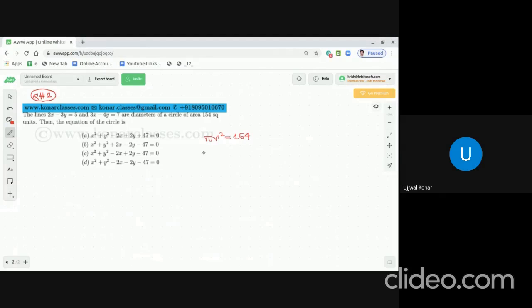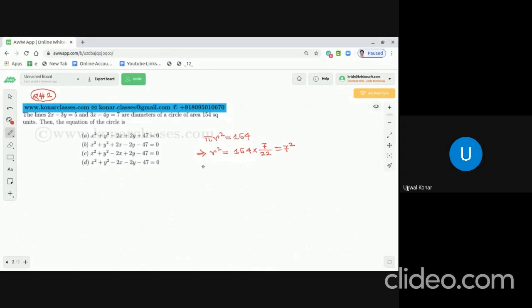So from here r square is equal to 154 into 7 by 22, and that is actually 7 square, because 154 is equal to 7 into 22.